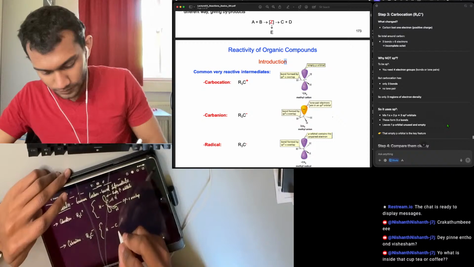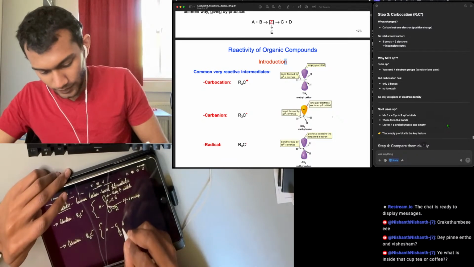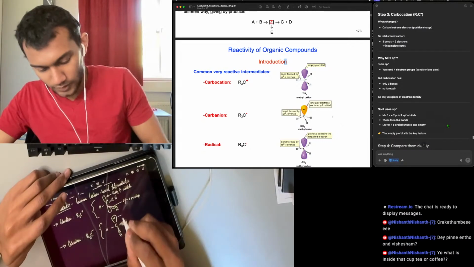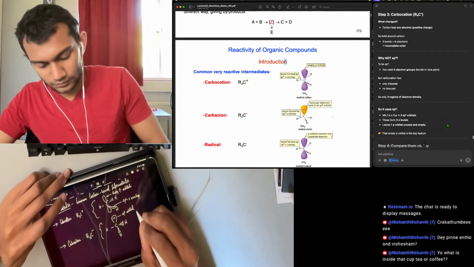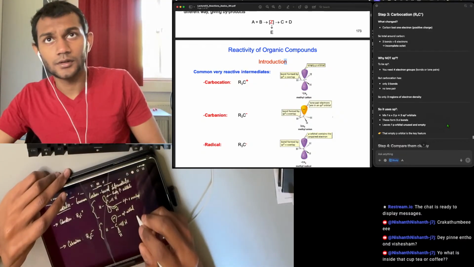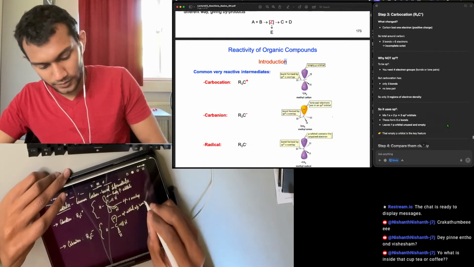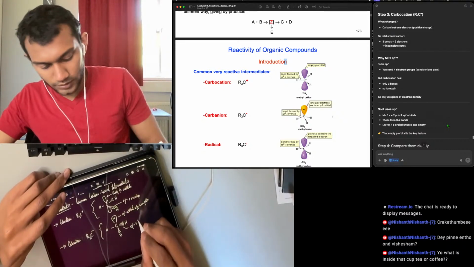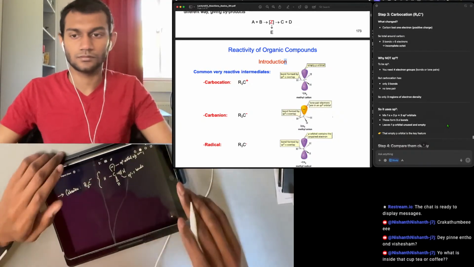A normal H, an H on the top, an H on the bottom, and a big lone pair. sp3 orbital containing lone pair, with sp3 bonds, carbanion.